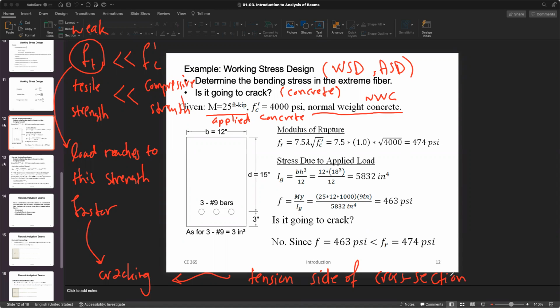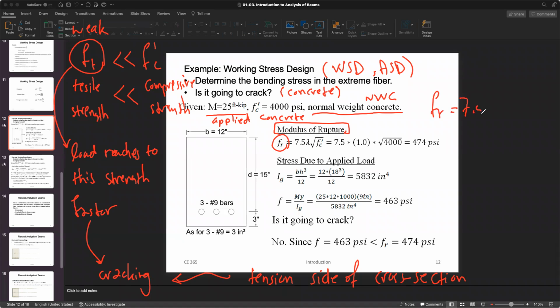So knowing this, now you know that it is important for you to realize how much the tensile strength is. One way I introduced to you already was the modulus of rupture, FR. That's one way of estimation. All right.